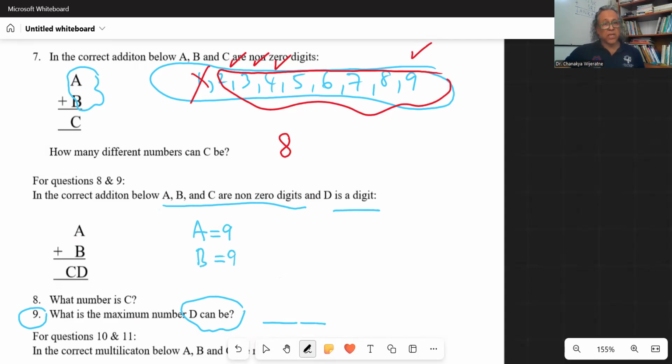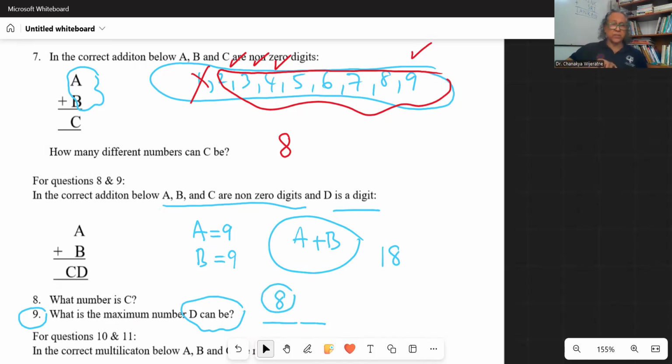So A plus B has a maximum of 18, so the maximum number D would be 8. All right, so that's the answer to number 9.